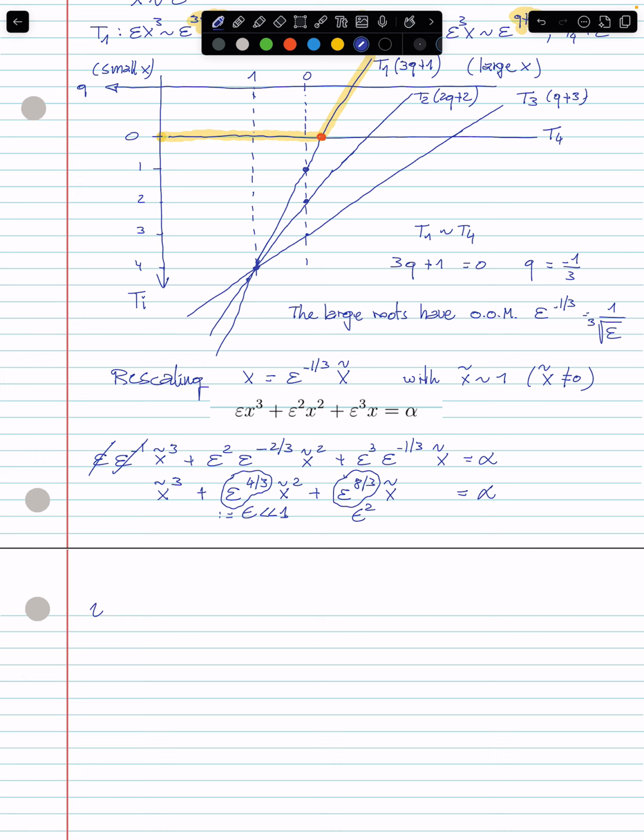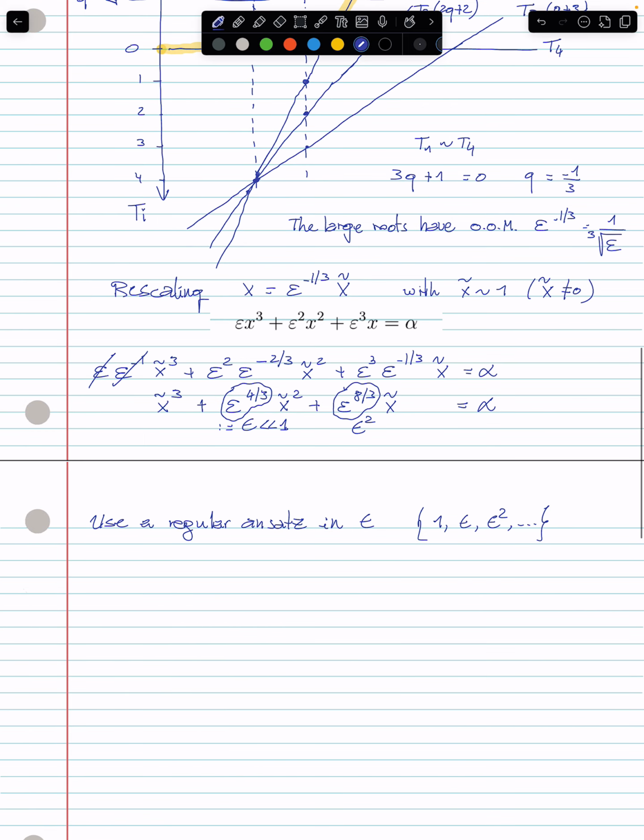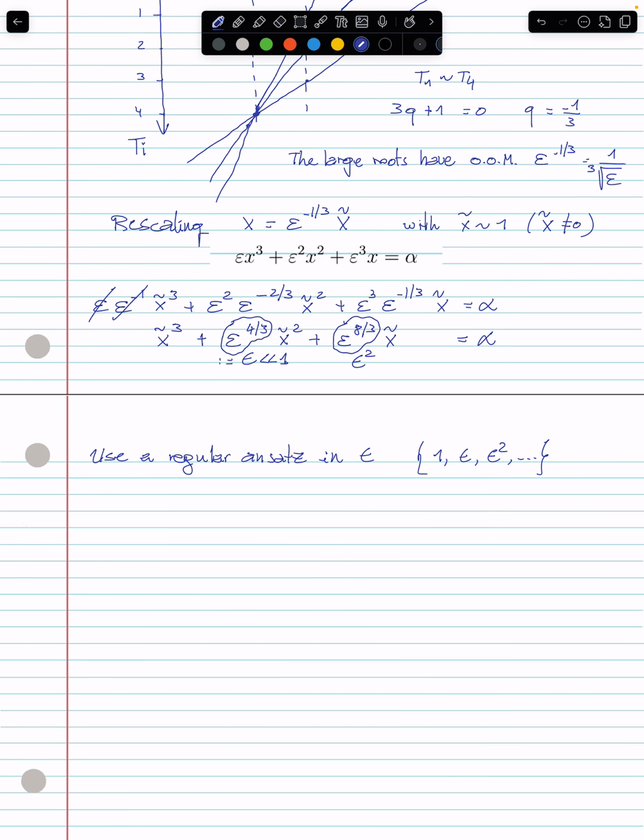All right, once this is done, we can use a regular ansatz in epsilon. So of course I will use the sequence 1, this new epsilon, epsilon square, and so on, just to start with, hoping that it's going to work. Well, it should, because the problem is fully regular in this case, so there shouldn't be any big problem to expect.